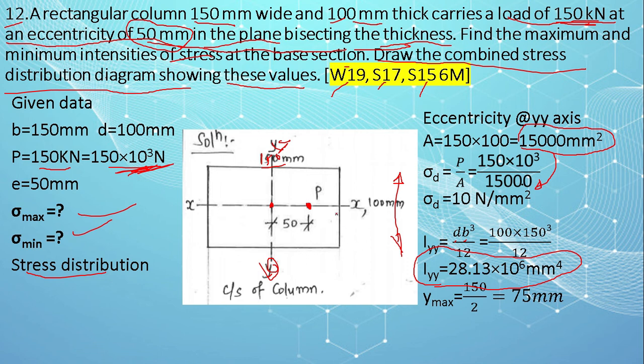Now y max means, eccentricity is on the x-axis, so these are extreme fibers. So the distance of these extreme fibers from the axis, this distance is y. So it is 150 divided by 2, 75 mm.